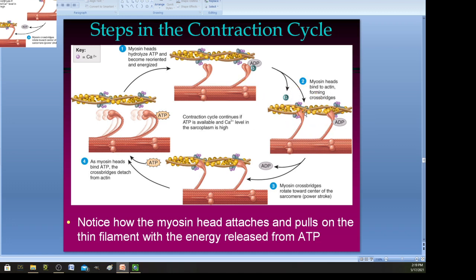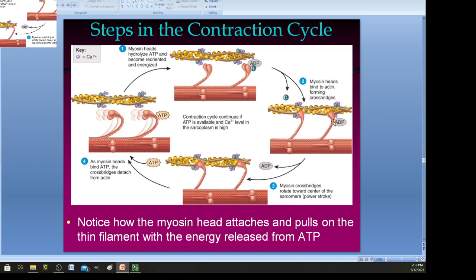So when that happens, the actin and myosin form what's called a cross bridge. See, they're connected. They're not connected here. The calcium opens the troponin, actin and myosin can stick together. We get what's called a cross bridge.